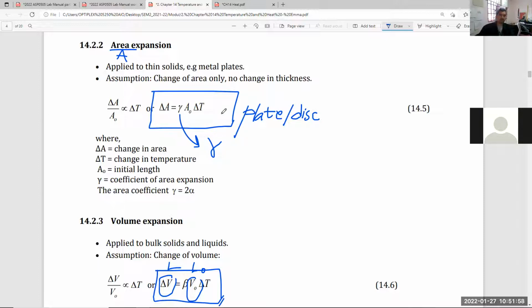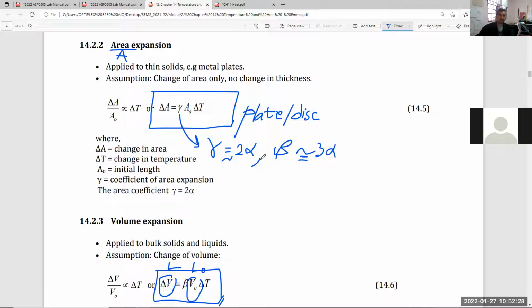After this, for solid, when we apply this, gamma is equal to 2 alpha. This is a special case. Usually we discuss volume expansion, but there's a special case. All these, gamma and also your beta, are at least an approximation, close to the value of 2 alpha and 3 alpha.